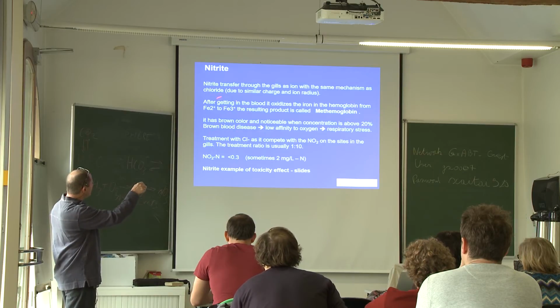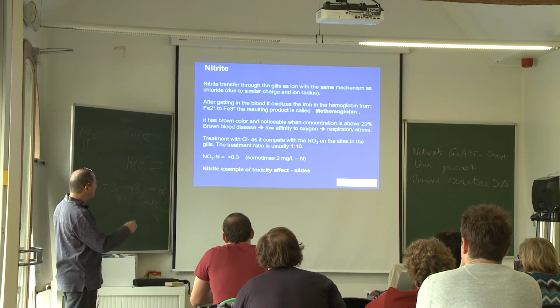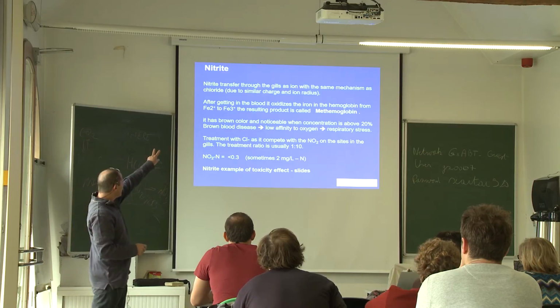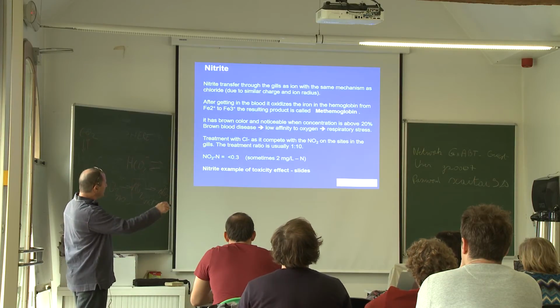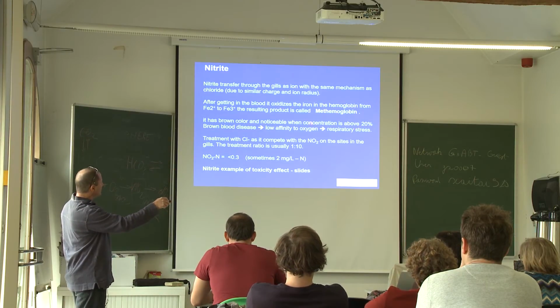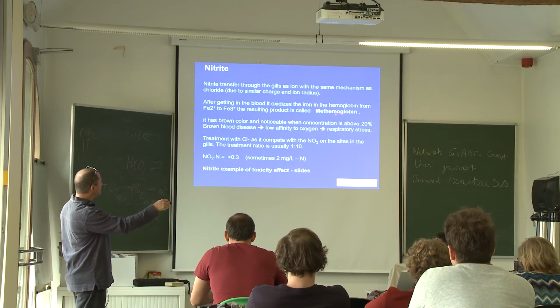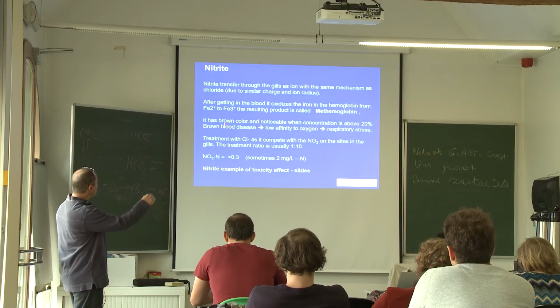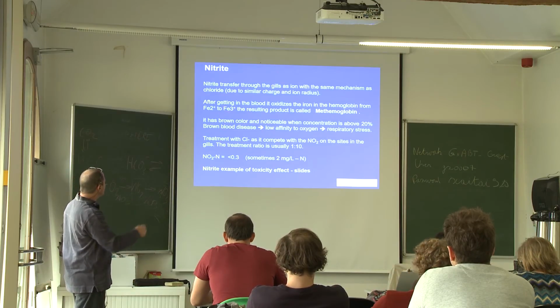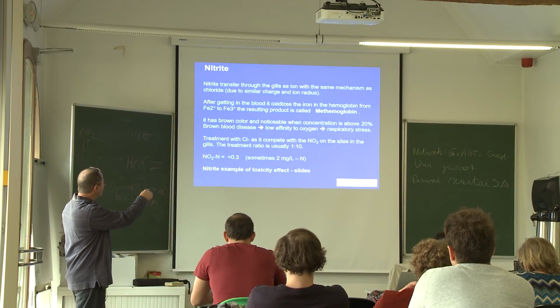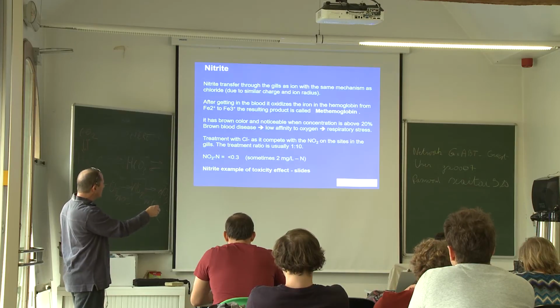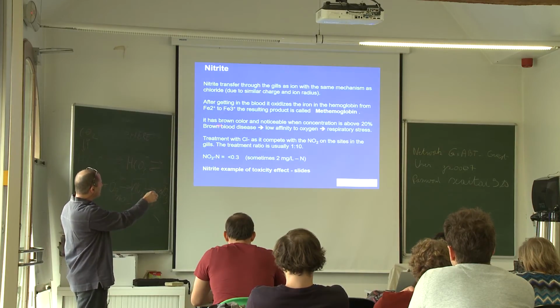And it interferes with the oxidation reduction of iron in the hemoglobin. What it causes is the hemoglobin to be converted to a metahemoglobin, okay? Because the iron is oxidized. And then the blood turns brownish, and that's why it's called brown blood disease.